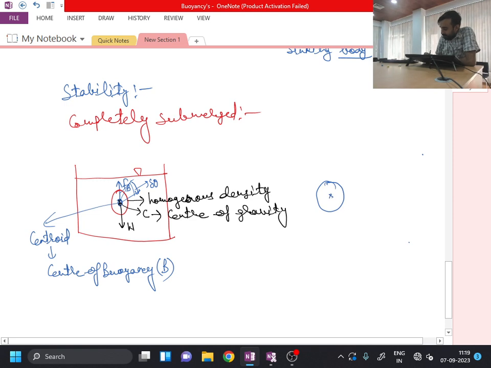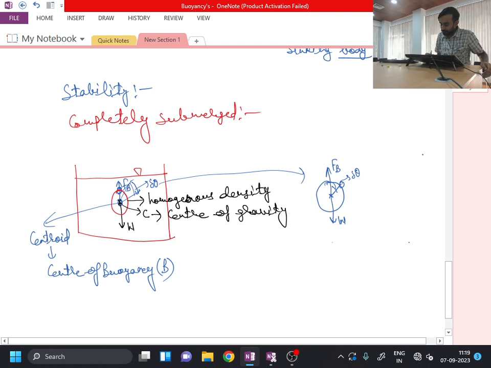Again the weight and the buoyancy force will be acting at the same point and in opposite directions. So even though I am displacing the body through angular displacement d theta, the original vertical orientation is now at a certain angle d theta, but there also it is in a stable situation, because there is no unbalanced force or moment acting on the body.